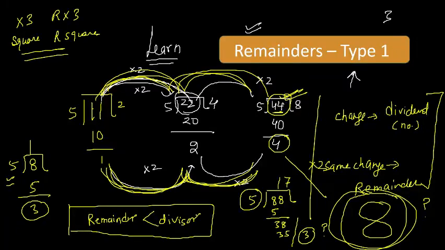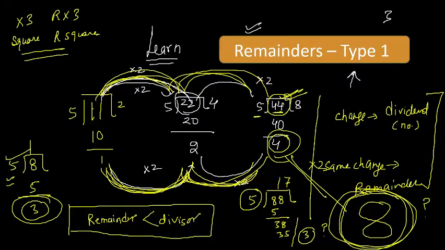So in any particular case, if you are getting something bigger than the divisor, again divide it. Like here, 1 two is 2, 2 twos are 4, but 4 twos are 8 you cannot write because 8 is bigger than 5. So divide it by 5, and you will get your remainder as 3.